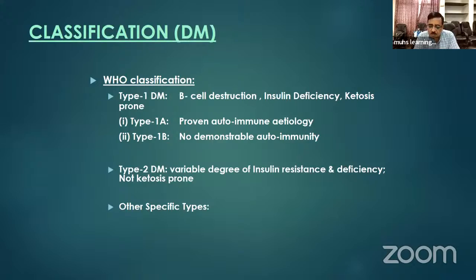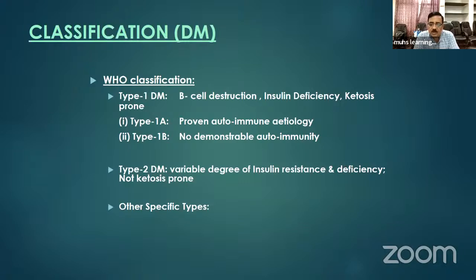It is in your books, particularly Kumar and Clark, and what they are talking about in type 1 diabetes is beta cell destruction, insulin deficiency, and ketosis. So this is the triad which is there.